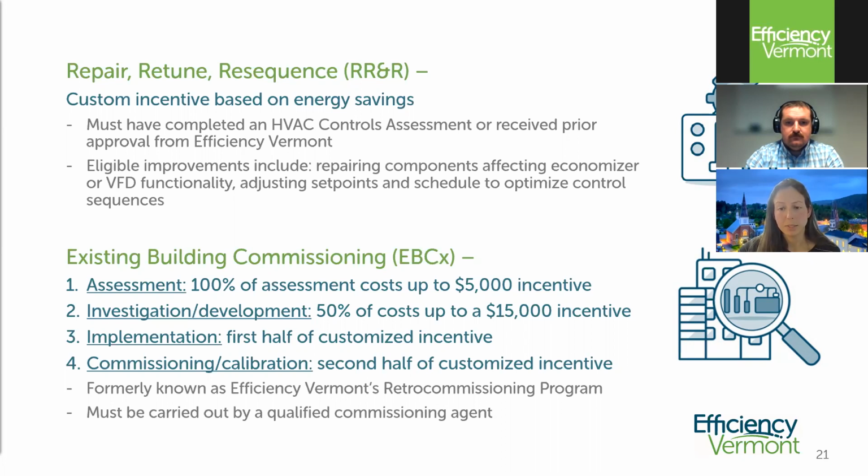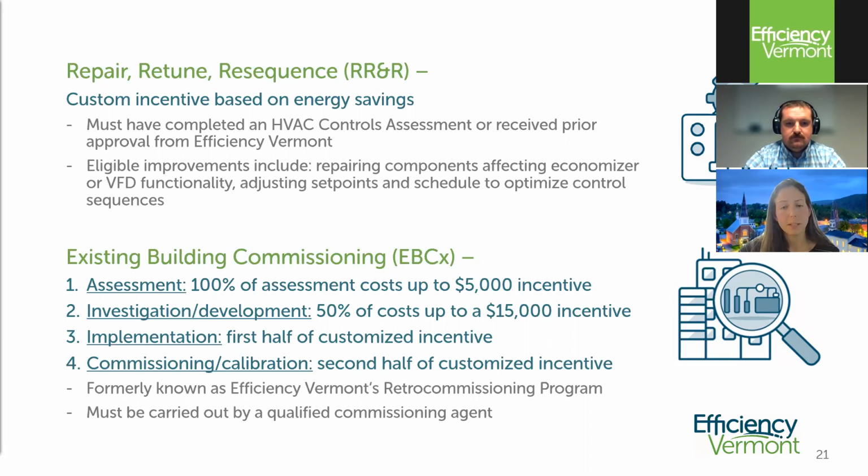Next is the implementation phase, number 3, where the controls contractor takes the scope of work and construction documents and implements them into the control system. Here, Efficiency Vermont comes up with a custom incentive offer based on the energy savings that were calculated in the last phase. Once implementation is complete, we'll pay out half of that custom incentive.